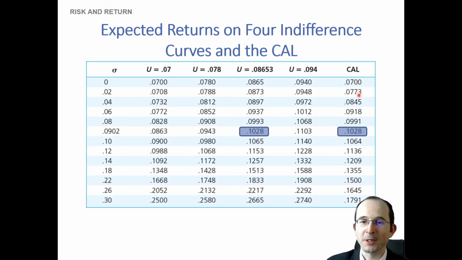So the more you take in terms of exposure to the volatility of the risky portfolio, the more you get in terms of risk premium from that risky portfolio. And we actually see that there is only one tangent point where the expected return on the indifference curve is equal to the expected return on the capital allocation line.